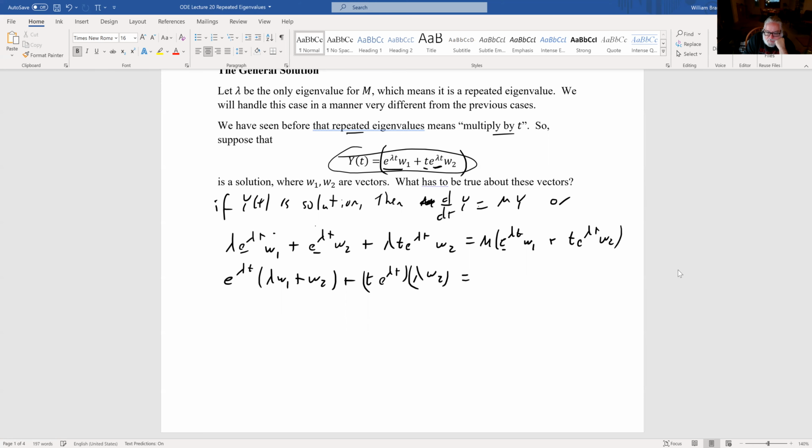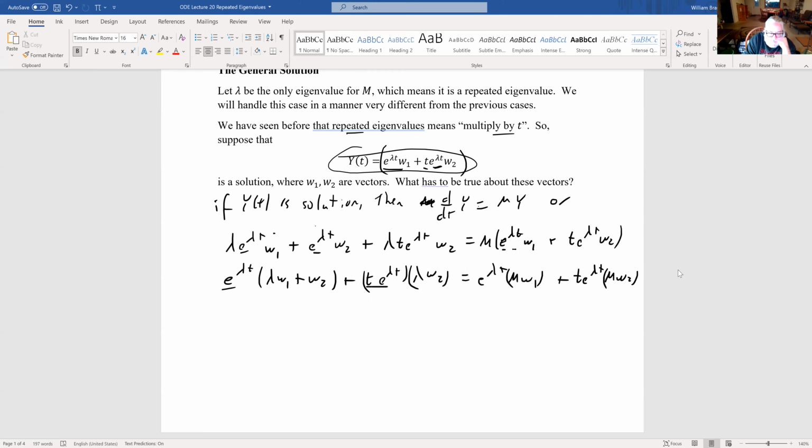equals, well, e to the lambda t is a number. It varies depending on t, but no matter what t you pick, if you plug it in, e to the lambda t is just a number. So I get e to the lambda t times m w1 plus t e to the lambda t times m w2. Since these have to be equal to each other and these functions are different, I get two equations by matching the coefficients.